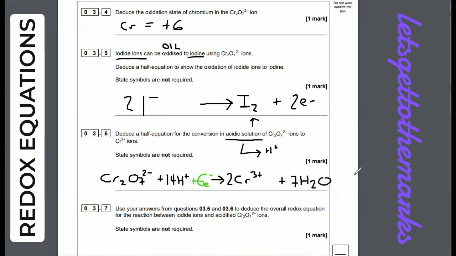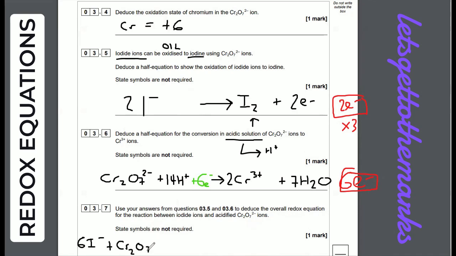So I need to multiply the top half equation by 3, and by multiplying the top by 3, it means that both half equations are now balanced. So what you need to do is just bring the reactants together and products together from both half equations, bearing in mind that when you put the top reactants down from the first half equation, we've times-ed them by 3. So instead of 2 iodide ions, I now write 6 iodide ions.